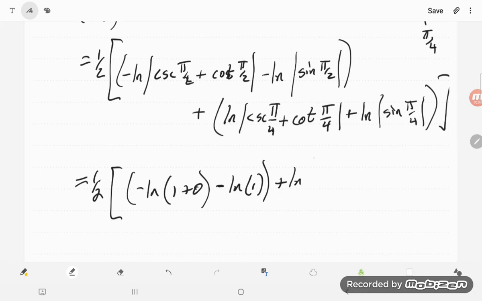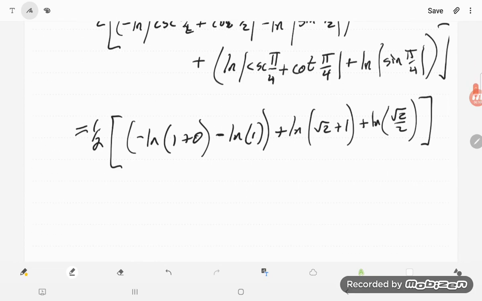And then plus the natural log. Cosecant of pi over 4, well, cosecant is 1 over the sine. Sine of pi over 4 is square root of 2 over 2, so the cosecant of pi over 4 is just square root of 2. Cotangent of pi over 4 is 1 over the tangent, but tangent of pi over 4 is 1. And so we get square root of 2 plus 1. And then plus the natural log of the sine of pi over 4, which we said was square root of 2 over 2.